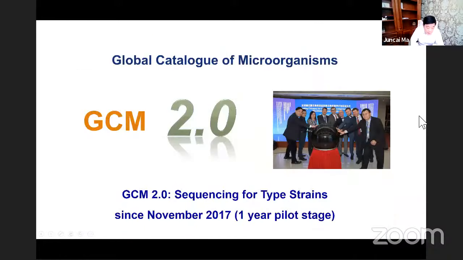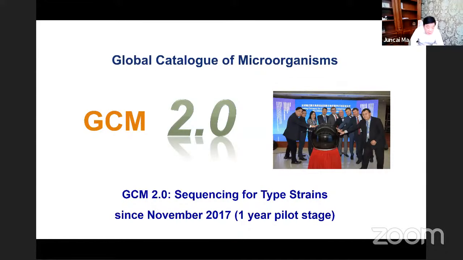And from 2017, we started a new international cooperation. We call it GCM 2.0, the Global Catalog for Microorganisms 2.0, the next generation of the global catalog. So we hope in the future the global catalog can have not only catalog information, but also genome information and more.